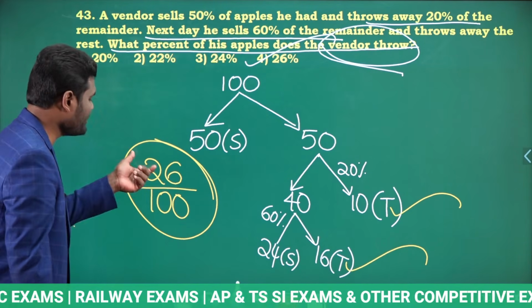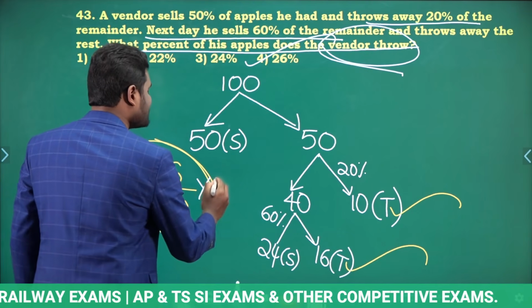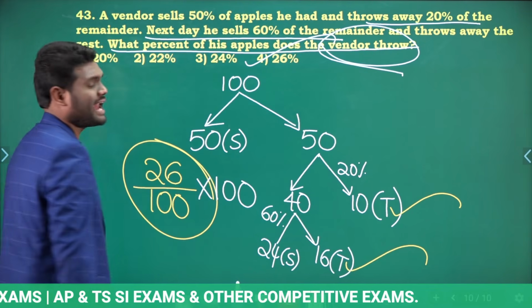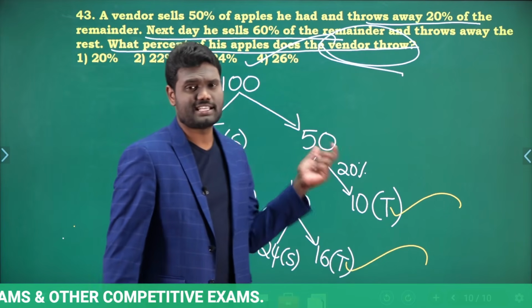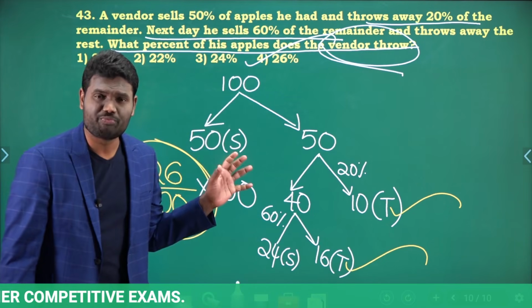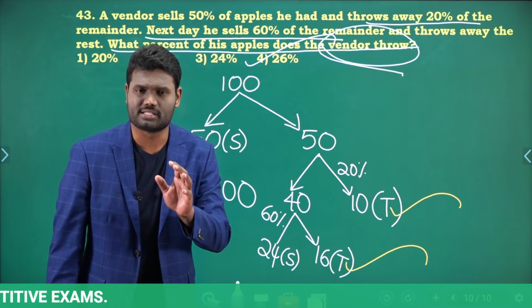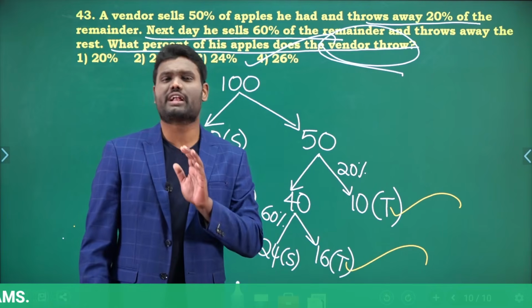Yes or no? Why? Because he has thrown 26 apples out of 100 apples. So, in terms of percentage, the value is going to be 26%, which means he has thrown 26% apples. Very, very simple and general question.